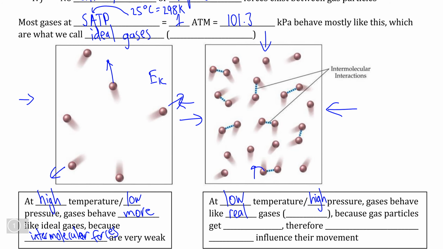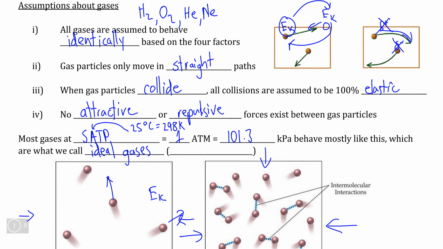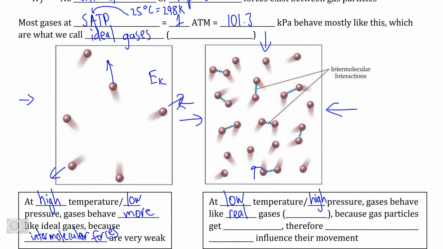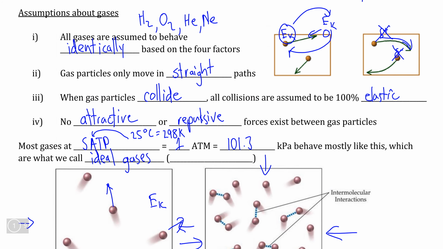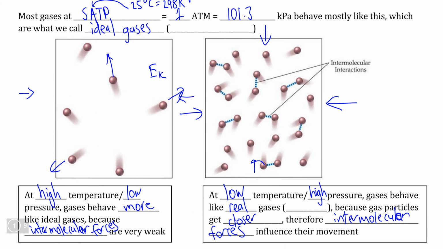A real gas is a gas in which these four assumptions are no longer true, because as the gas particles get closer together, all of their intermolecular forces, especially dispersion forces, are going to get stronger, and therefore gases are no longer going to follow these assumptions.